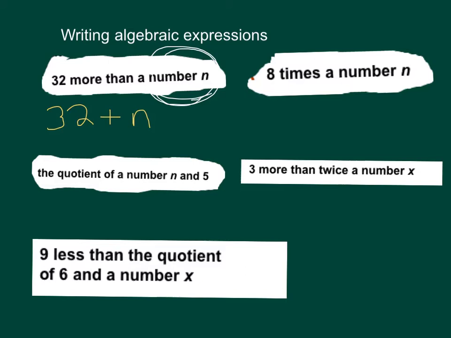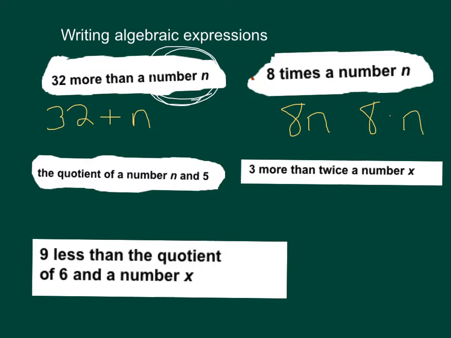8 times a number n. Times means to multiply. In algebra, when we're multiplying and we have a number and a letter, we just put them together. You can put a dot, but most of the time you see it without the dot, and you can use the little x, but sometimes that gets mixed up with a variable, so we don't recommend the x.